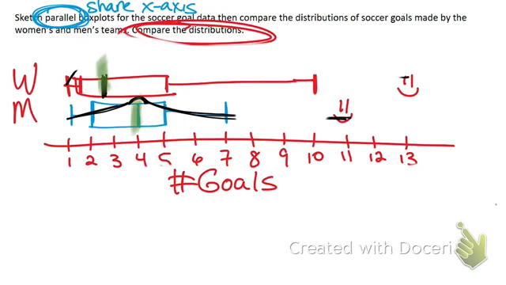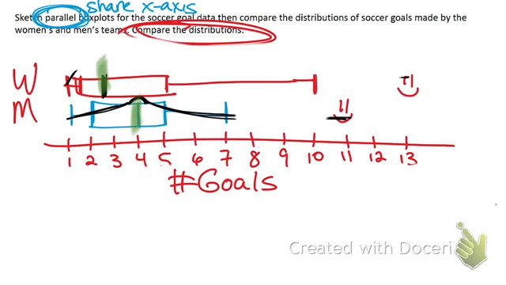Why would you go back and try to find the mean when the median's right here for you already? If I want to compare the centers, what would I say? The guys have a higher median than the girls.